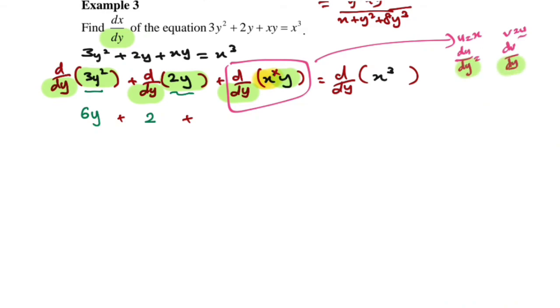So this is in terms of x, but we want to differentiate with respect to y. What should be the answer? The answer is, we have to differentiate x as usual, you get 1, but since it is in the different form, we have to write dx over dy behind it. What about the next term? This is just y. So when you differentiate y, what you get is just 1 with respect to y.